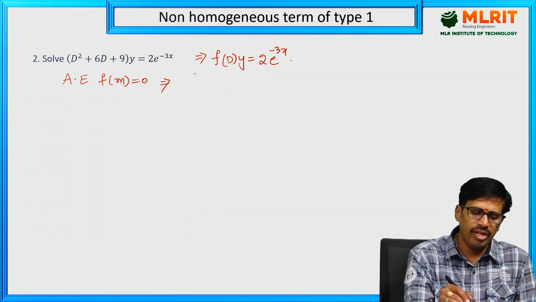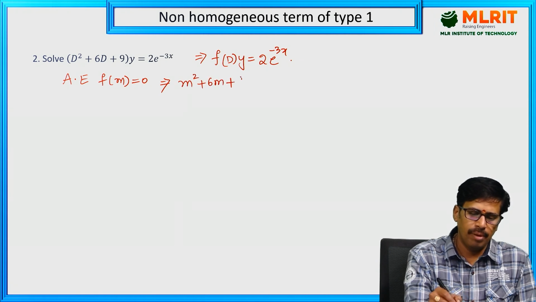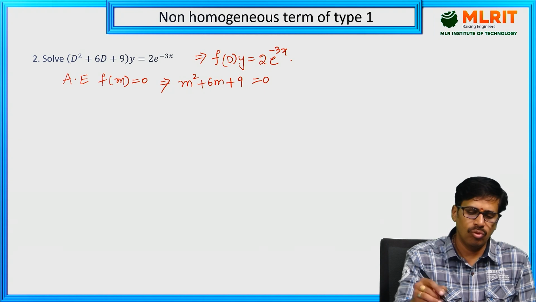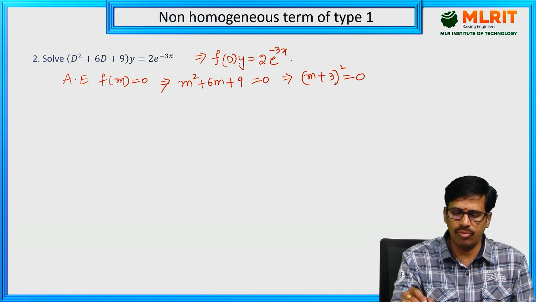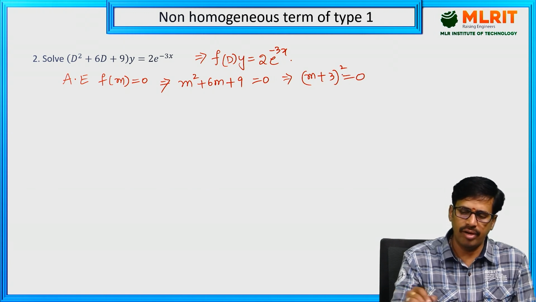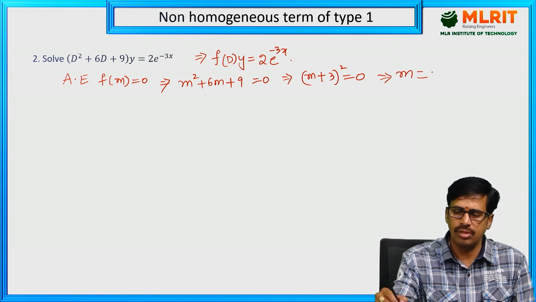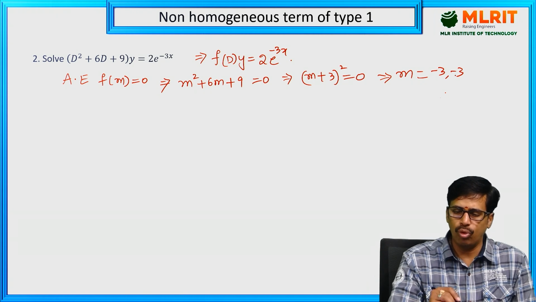So in place of D, write down m square plus 6m plus 9 equal to 0. This can be written as m plus 3 whole square equal to 0. Right. So we got two roots, m is equal to minus 3, minus 3. Both the roots are repeated, equal and real roots.